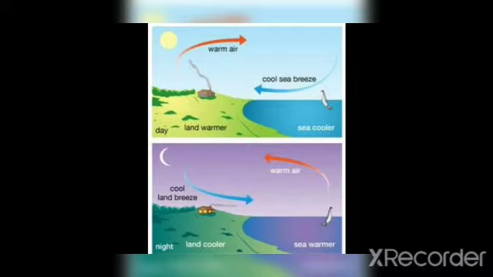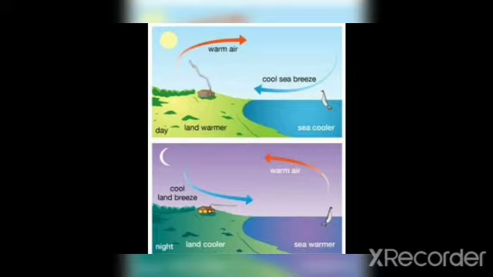That is why we prefer to go to beaches and all during summer to get some cool breeze. Yes or no? So that is because the land would be warm during daytime and the sea would be cool. So, how does the heat get transferred? How does the hot air from the land get transferred to the sea and the cold air from the sea get transferred to the land?